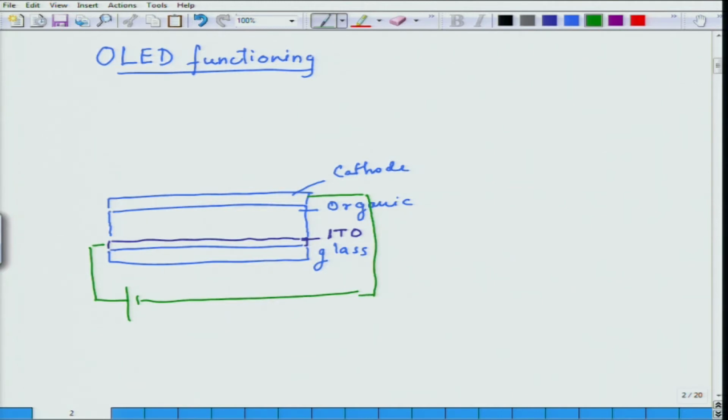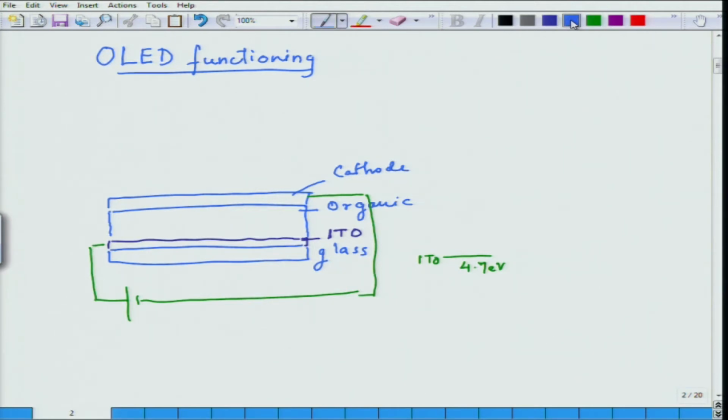If I look at the electronic structure of this device, it has indium tin oxide. ITO has work function with respect to the vacuum level of 4.7 electron volts, and I am not plotting the vacuum level, but you know there is some vacuum level with reference to which we are plotting these energies.